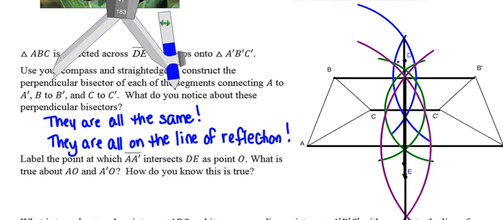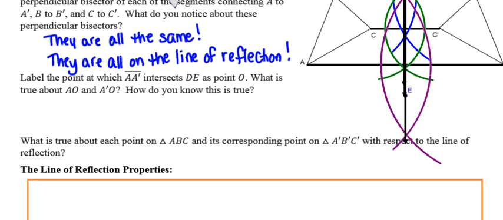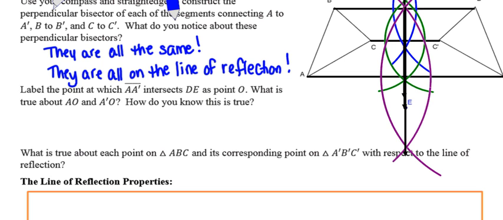All right, the second part of this now asks us to label the point at which A prime intersects line segment DE as point O. So there's A prime. There's the point right there that I want to label point O. What is true about the distance between A to O and the distance between O to A prime? Well, I know that they're the same.